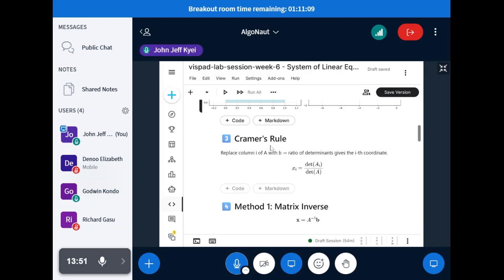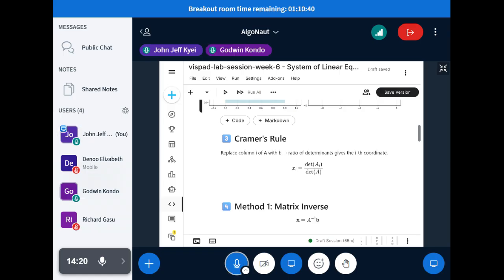The first approach that we'll be using is Cramer's rule, which is just the ratio of determinants. It's not really used much in real computation because it's not efficient for larger systems. But for understanding and intuition, it's very useful.